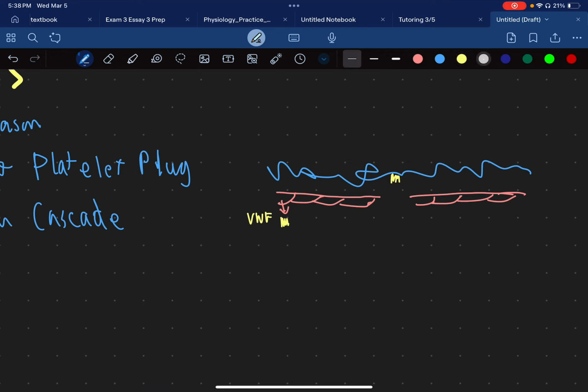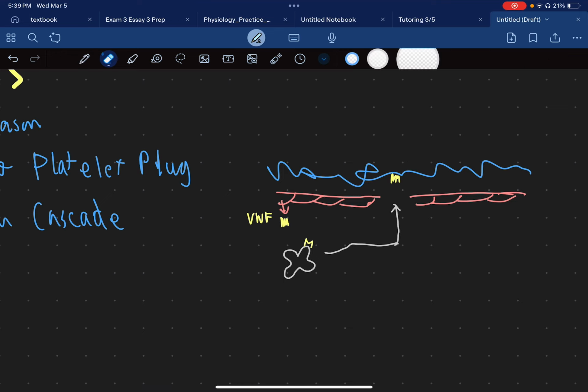Now what happens is, when we broke down our red blood cells before, some of them become little pieces called platelets. We have a bunch of these in the blood. And the platelets actually have a receptor for VWF. So the platelet is floating along, and then it comes up and binds to that VWF.